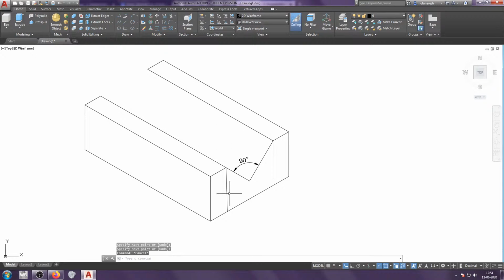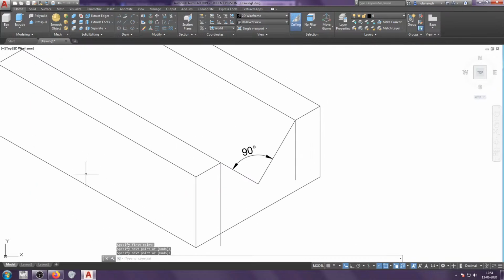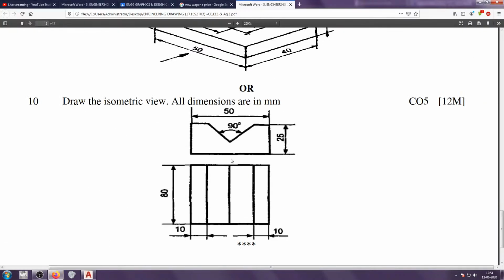Okay, this one is not vertical, so I'm going to draw a vertical line here. This one side is not defined but the angle, so here it has to be 45. See here, if this one is 90 means this angle is 45 and this angle has to be 45.